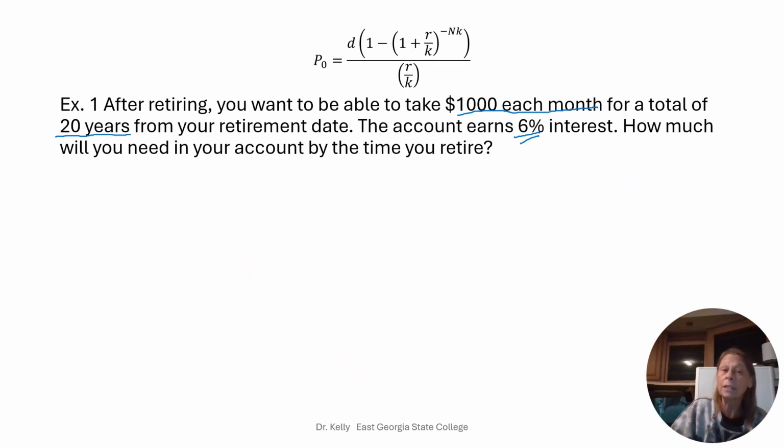Now, all of these variables mean the same thing. P naught, remember, is the money before you withdraw any of it, okay? It's the money that you're earning your interest on. Remember that D is equal to the payment amount.